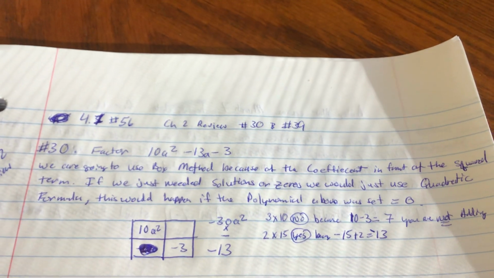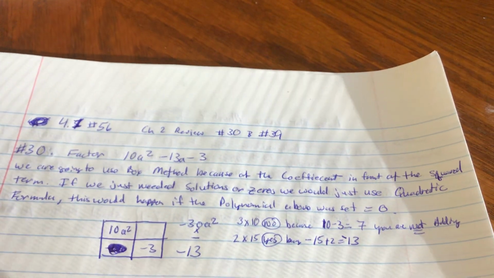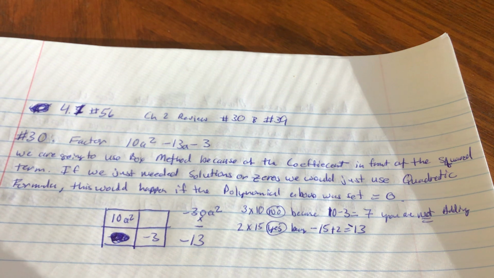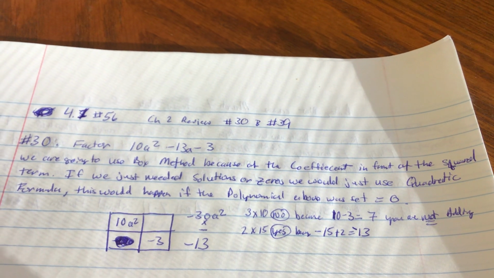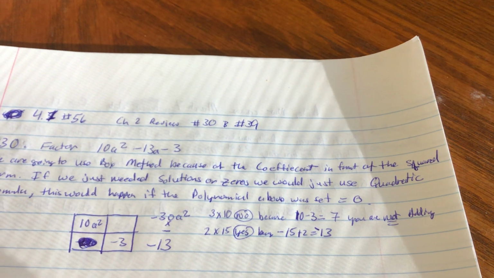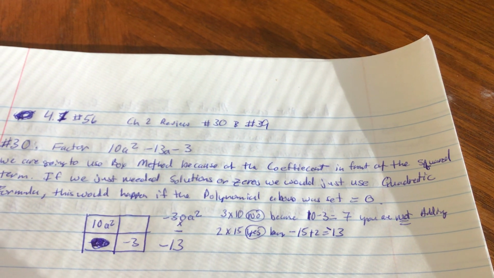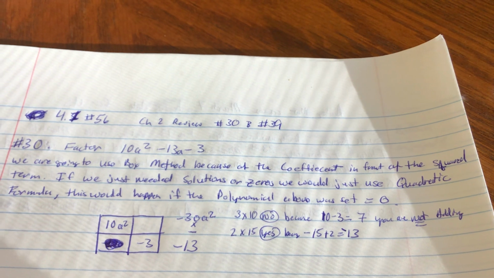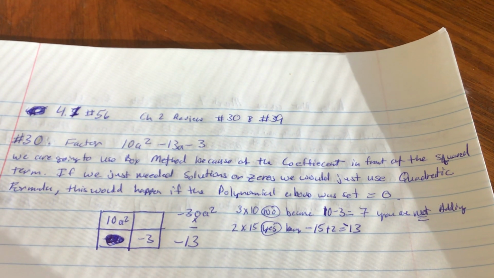So a lot of kids will mess this up because they'll think, okay, the factors of 30 are 3 and 10, and 3 and 10 add to be 13. The problem is you are not adding. Again, this needs to subtract to be 13. Therefore, the factors of 30 I need to use are 2 and 15.